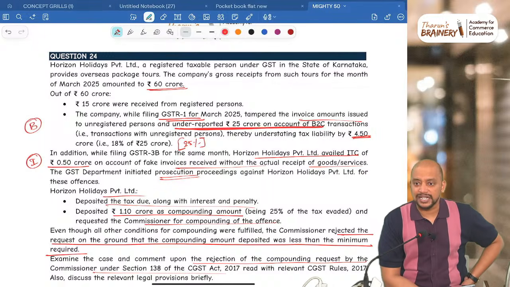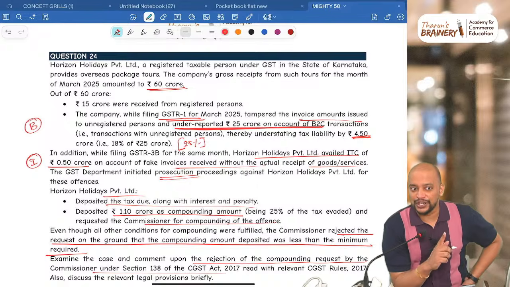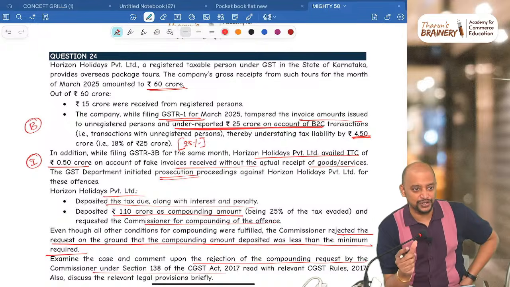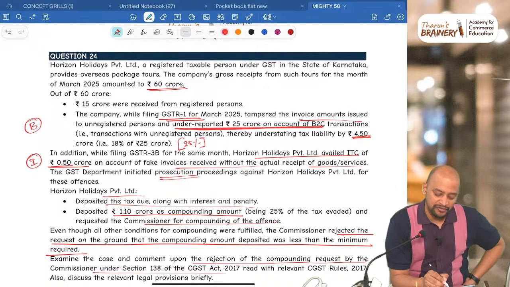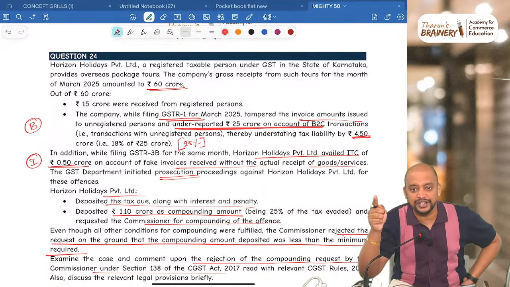Because it does not exceed 5 crores, but it exceeds 2 crores. Only when it exceeds 2 crores, we need to take it. So should we see it offence wise or prosecution wise? Prosecution wise, not offence wise. I told you. It's not yearly, it's not offence wise. We need to see it based on the prosecution. What is the prosecution amount? 4.5 plus 0.5, that is 5 crores. Exactly 5 crores means 40% to 60%.